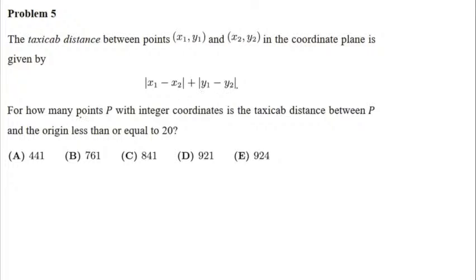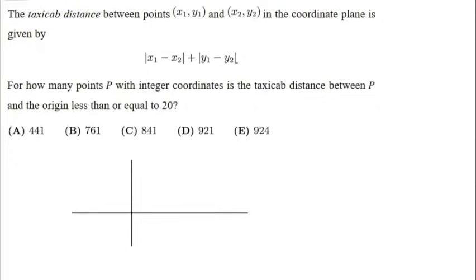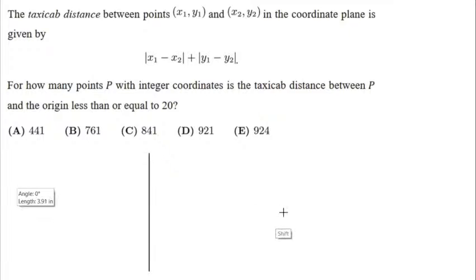For how many points P with integer coordinates is the taxicab distance between P and the origin less than or equal to 20? If we consider the xy coordinates, so less than or equal to 20. Now, if we consider exactly which points are equal to 20, let me draw a larger one.